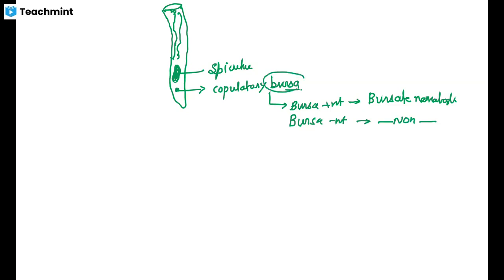And what is the function of bursa? The function of bursa is that it is used to hold the female during copulation. अब इस spicule में there are two things. And what is the function of spicule?